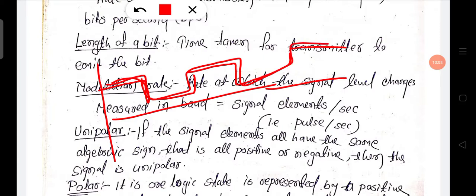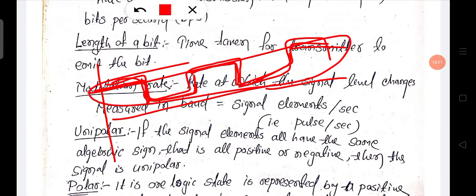All elements are positive, so that is why it is called a unipolar signal.